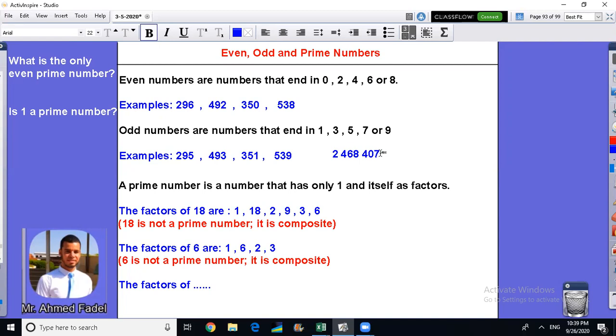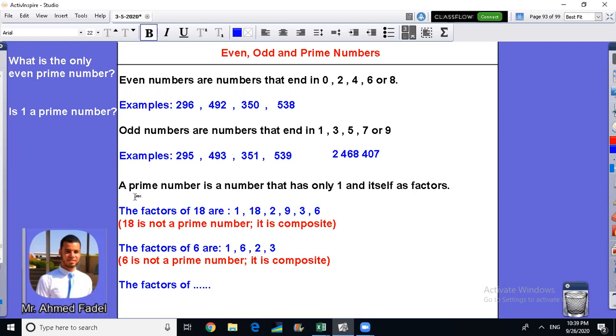This is all that we care about, the last digit. All right, so this is all about the even and odd numbers. Of course, guys, you need to study this. If you already forgot it, you need to always study it to just remember it whenever you need it.